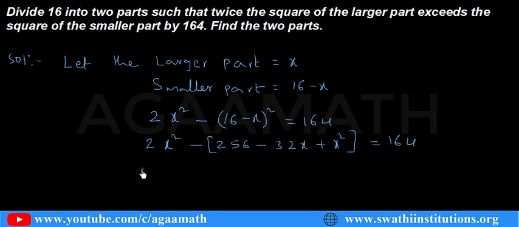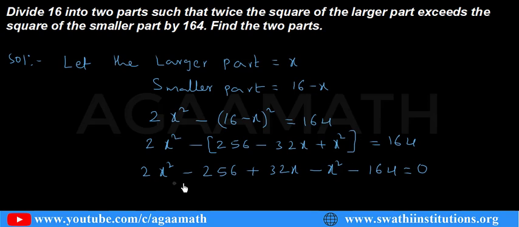Now simplifying more, 2x square minus 256 plus 32x minus x square minus 164 equals 0. I have just transferred this 164 towards the LHS.